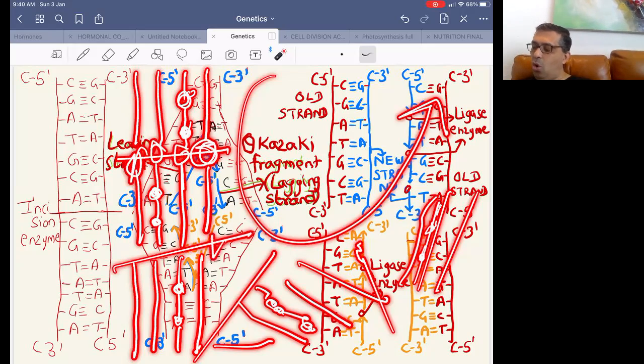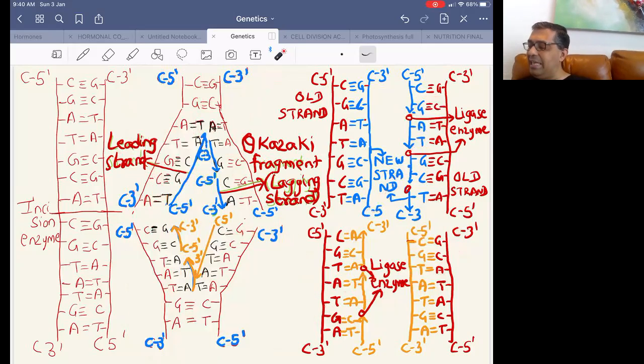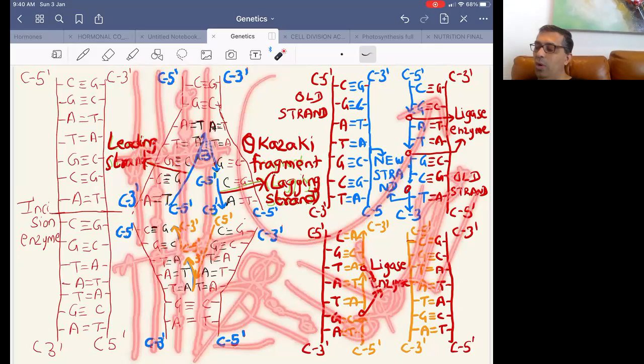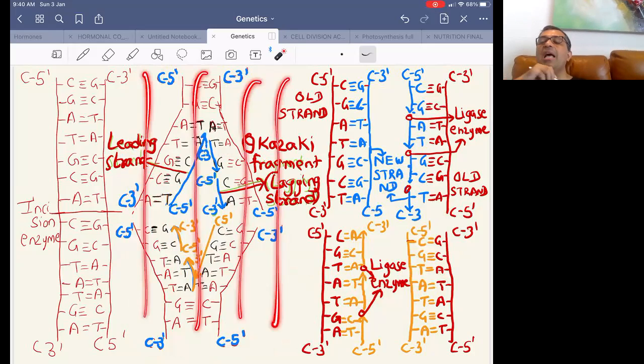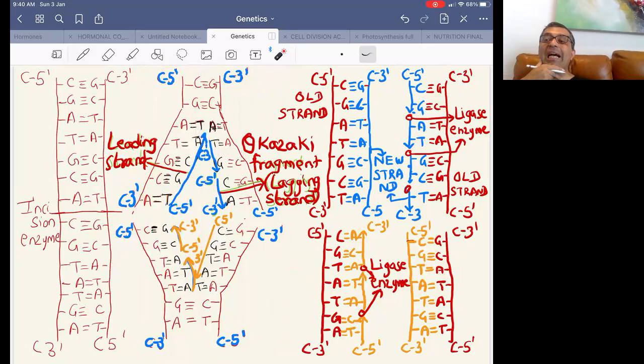Ligase will stick all these fragments to each other. सारे fragments को चिपकाता है ligase enzyme, and you get two continuous daughter DNAs which are genetically the same. Beautiful. That is the logic called DNA replication, which we have understood.